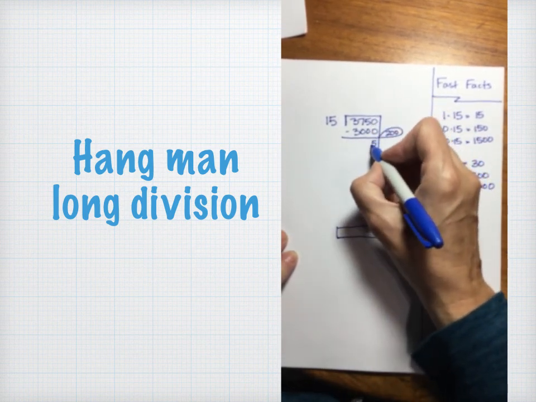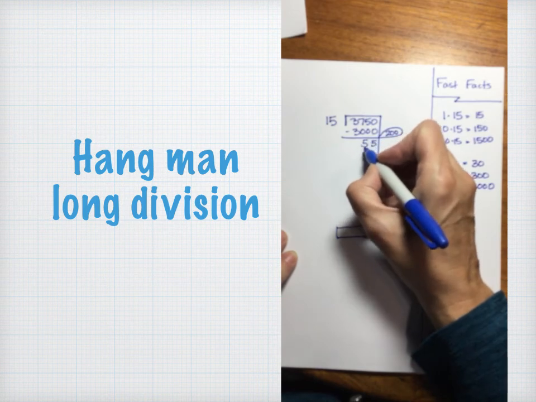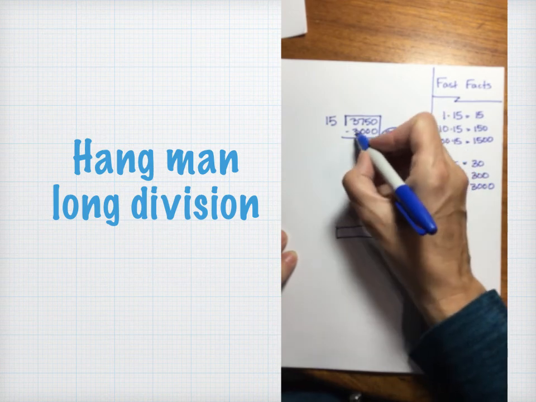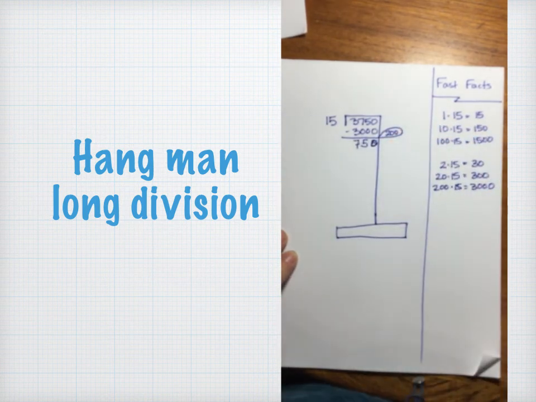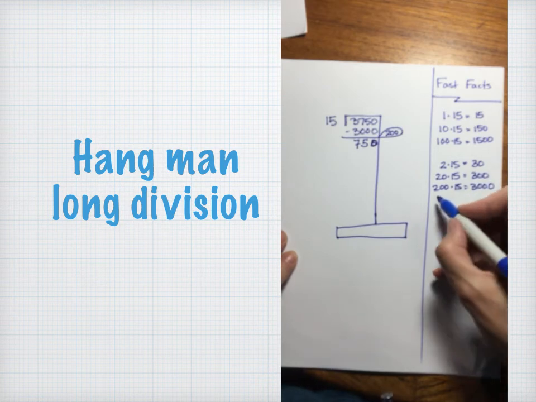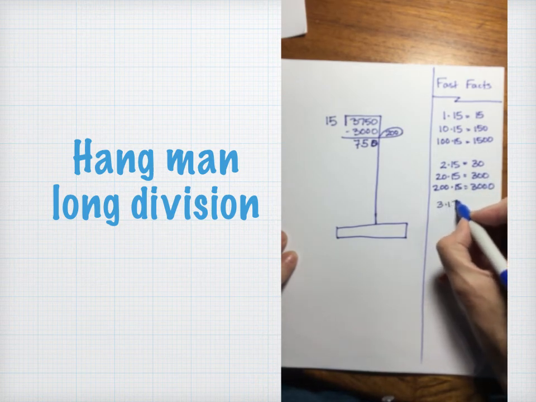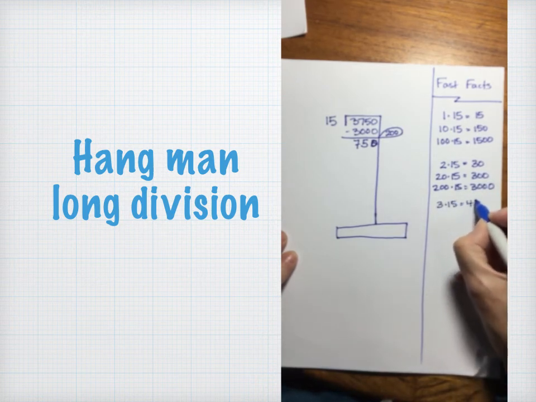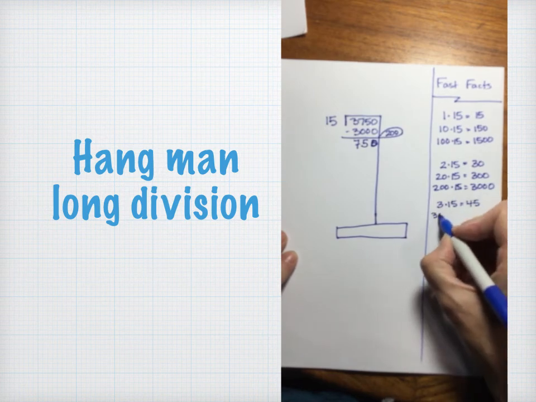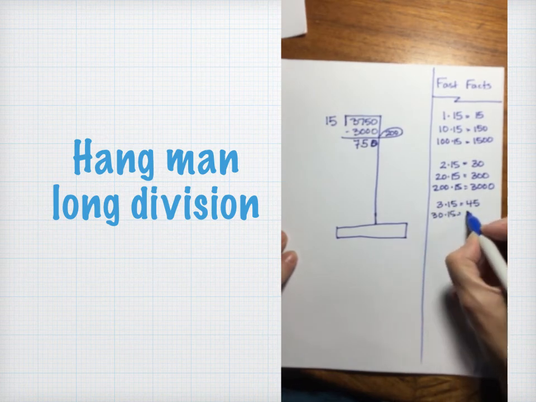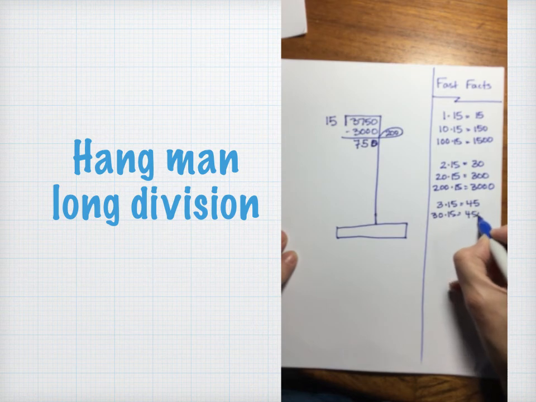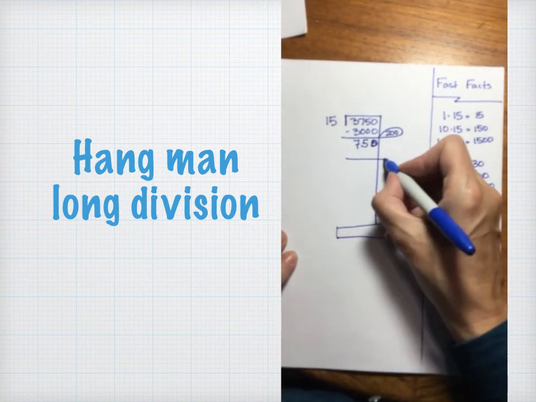I subtract off what I've handed out, and I have 750 when I don't make a silly mistake. I now have 750 pieces left, and I'm going to look here and say, maybe I can try. I know 3 times 15 is 45, so 30 times 15 would be 450. I have something I can work with.